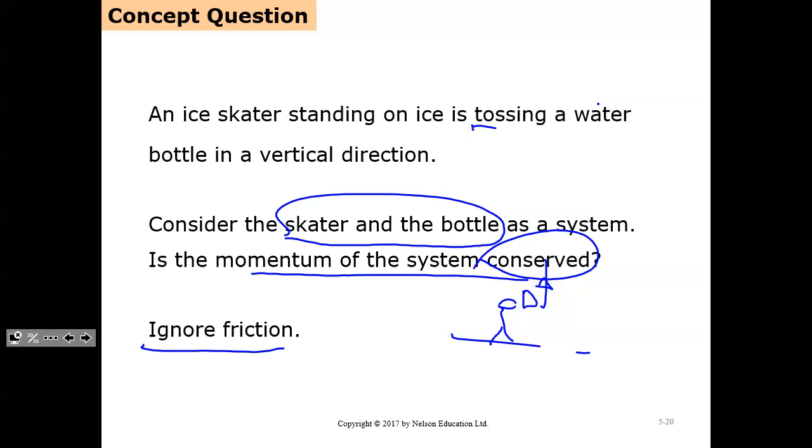And the normal force is from the floor. The floor is also not part of the system. So that is cancelled. What about the normal force between the bottle and the hand? These are internal forces, right? That is also. So the total momentum is conserved, right?